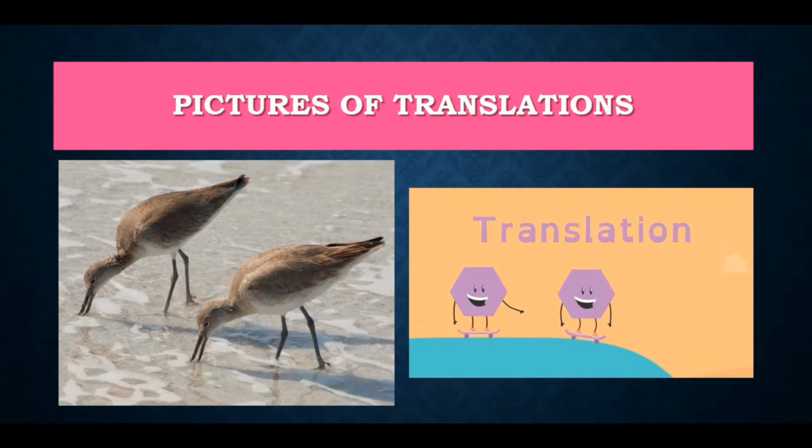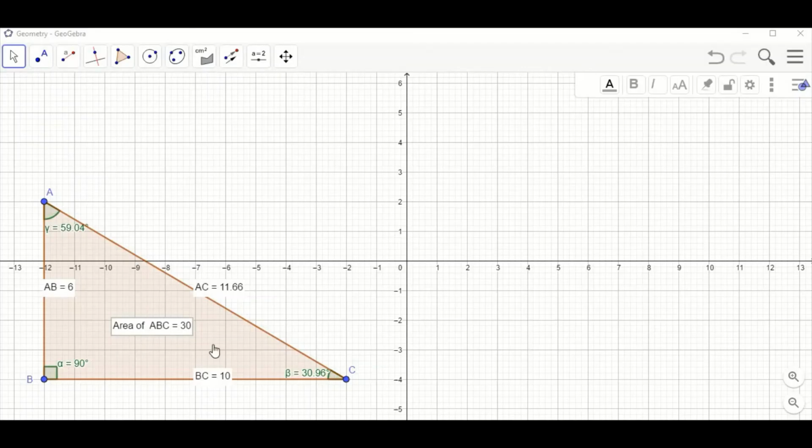Now here on my screen I have a right angle triangle, and I have the area of the right angle triangle. So it's triangle ABC, and triangle ABC has an area of 30 square units.